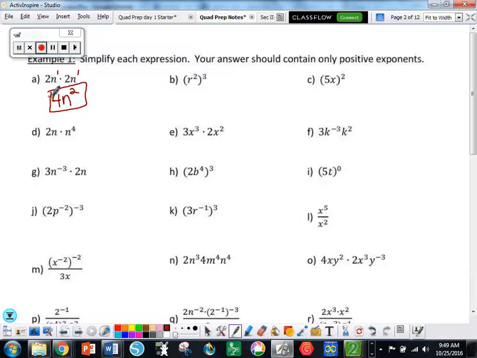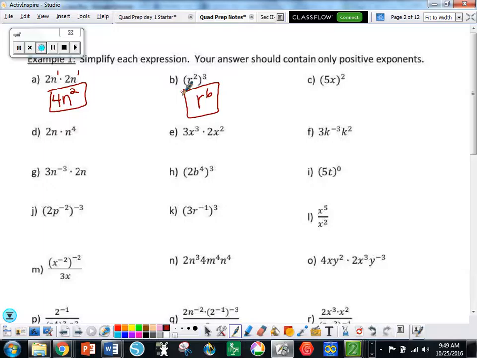Part B, when we have a power raised to a power, what do we do with those exponents? I can multiply them. So r squared cubed would be r to the what? Unfortunately, these are just things you're going to have to memorize. Hopefully with a lot of practice that will help.